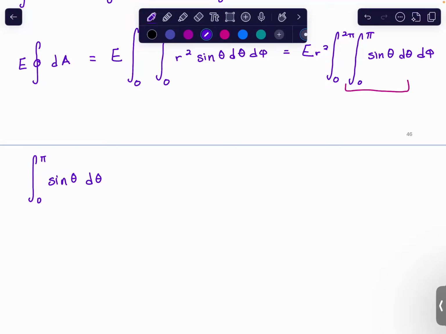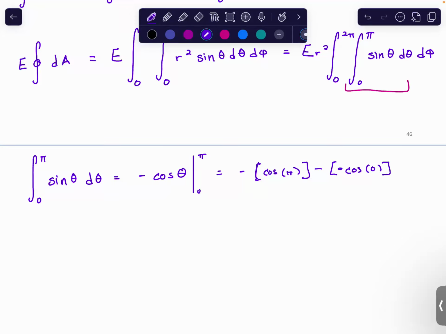So this one is going to become evaluated at the limits of 0 and pi, which evaluation of limits is a difference. So that means we're going to have a negative cosine of pi minus a negative cosine of 0.